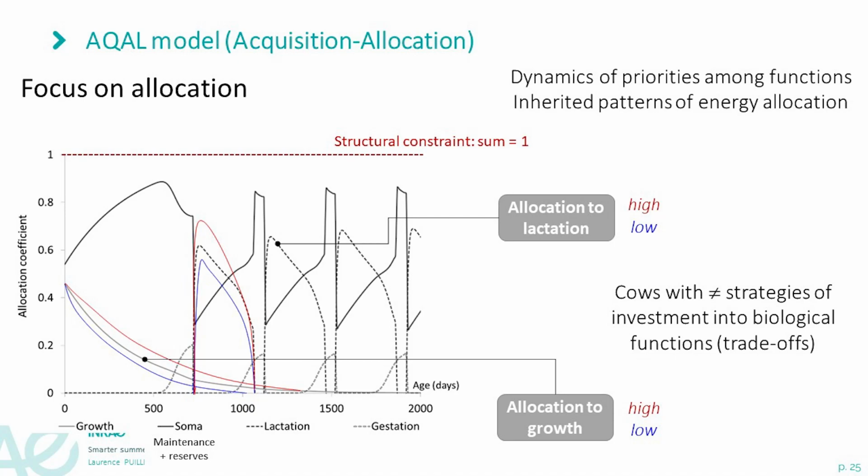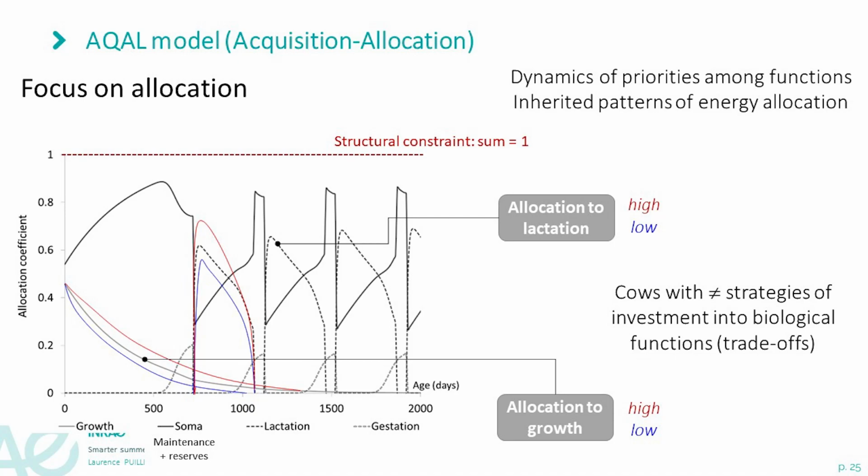And then when gestation starts, allocation to gestation increases, and as a consequence, allocation to survival decreases. So that's the way we are accounting for trade-offs. As soon as you allocate something to a function, the system retrieves something from another function. And, as I said, the structural constraint of this system is that the sum should be equal to 1.